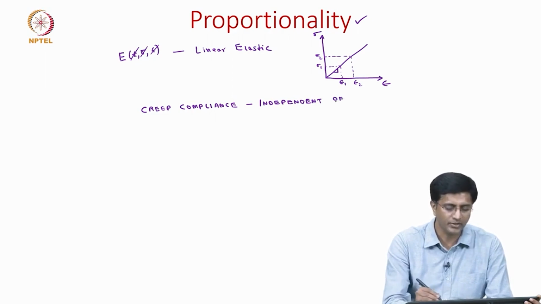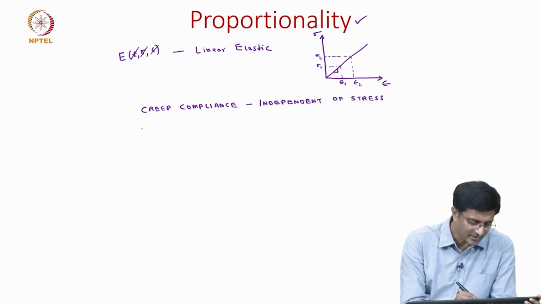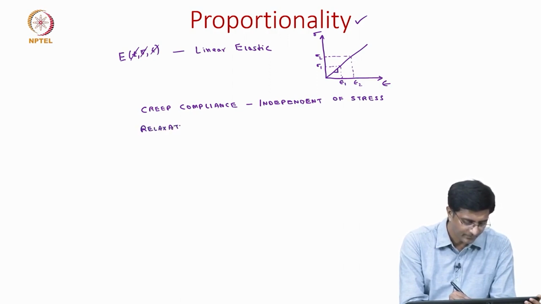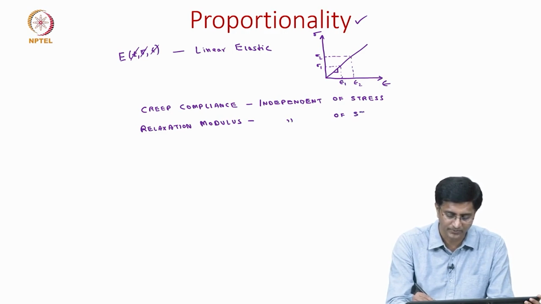What is the applied load in creep? It is stress. And similarly, if we are talking about relaxation modulus, we say it is independent of strain. Strain is the input.